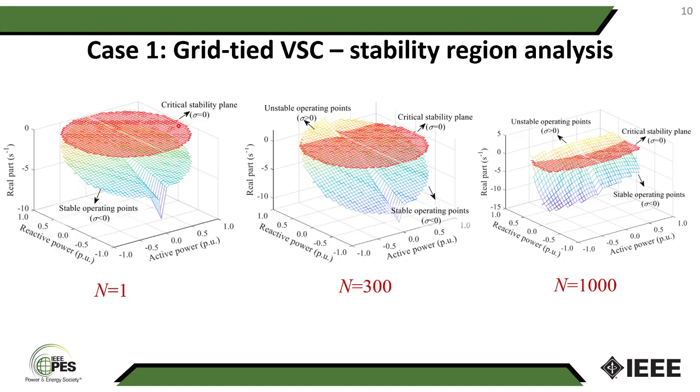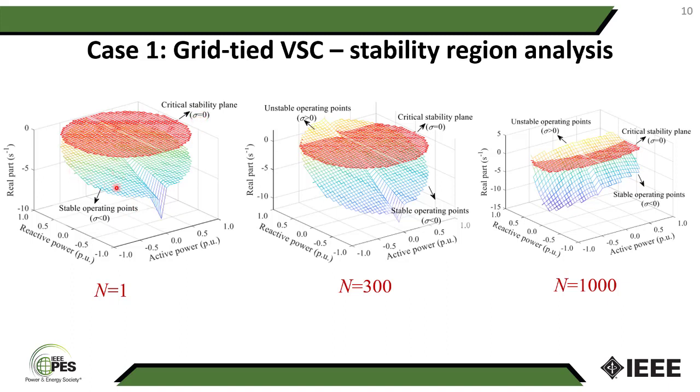First, we plot the critical stability plane for which the damping is 0, so we can see if the system is stable or not. These are the planes of operating points where the damping is 0, and this is the plane where we can see under some conditions there is oscillation, but this oscillation is stable because it is not crossing the 0 damping.